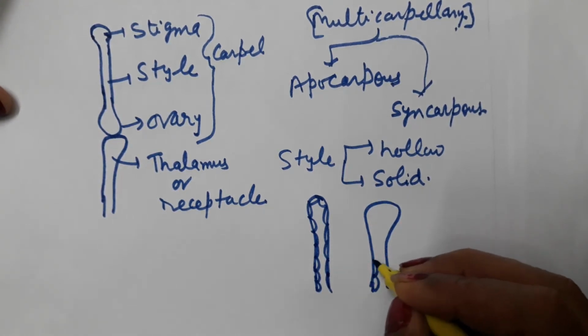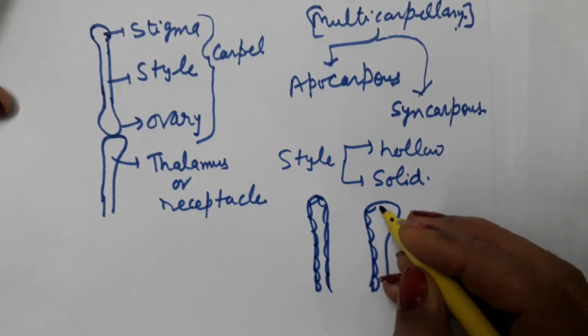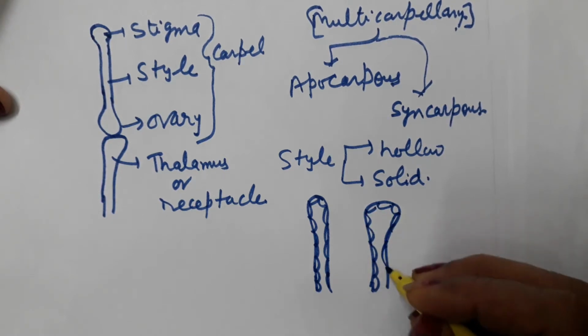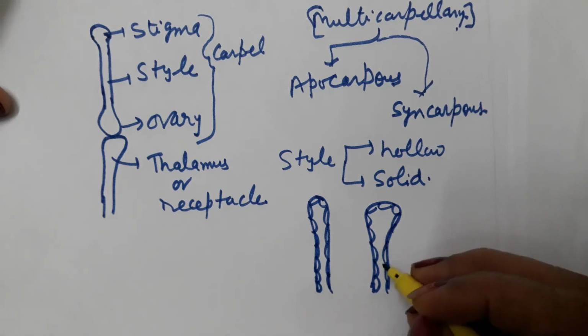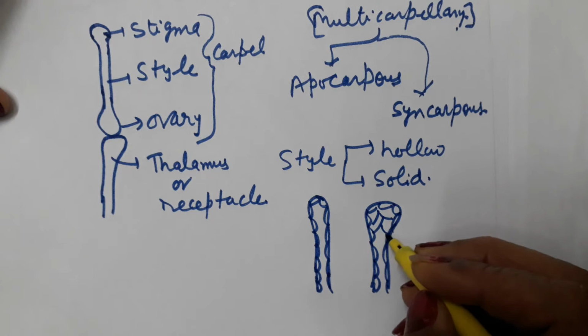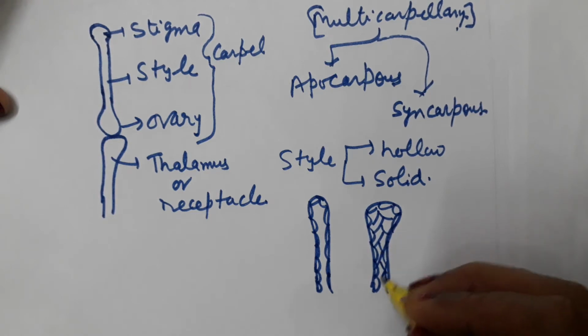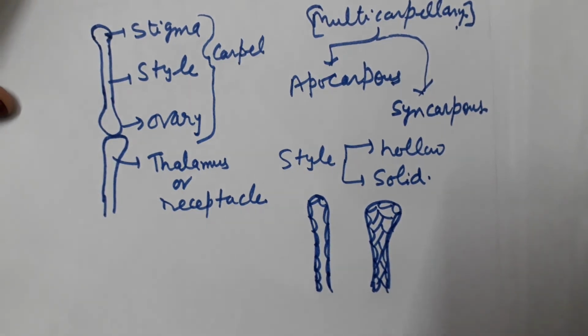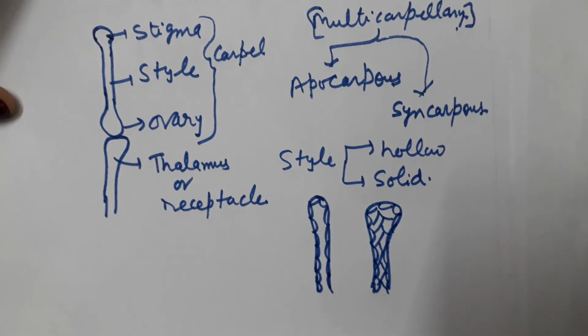It consists of an outermost epidermal layer, and the central portion is also cellular, consisting of tissue. So it becomes solid, and through this solid style the pollen tube runs and enters inside the embryo sac, which consists of the female gamete.